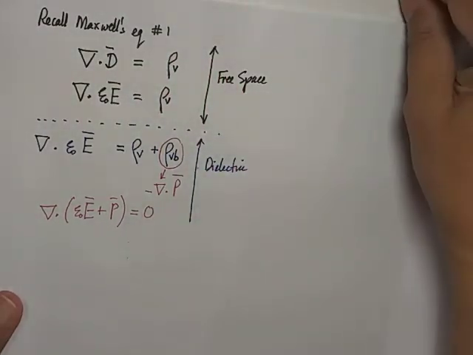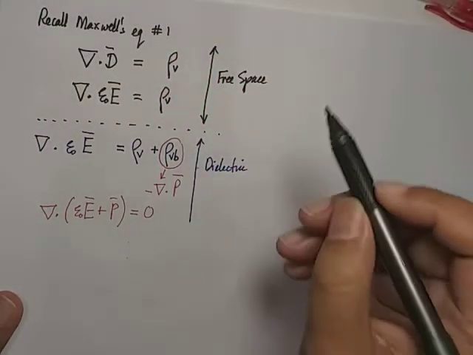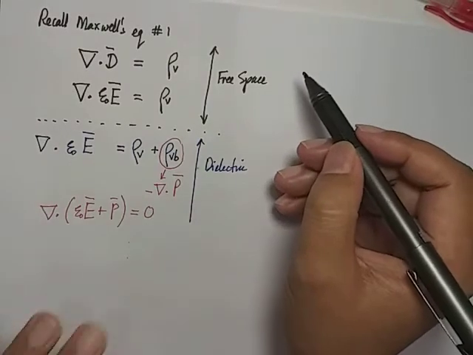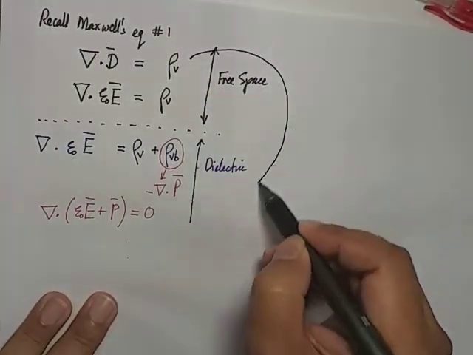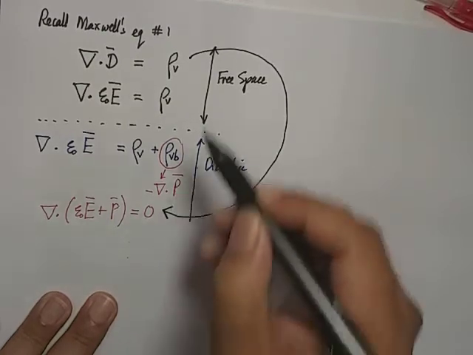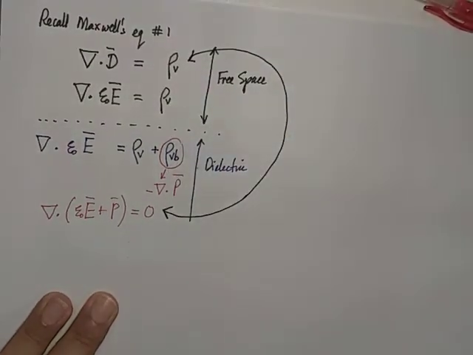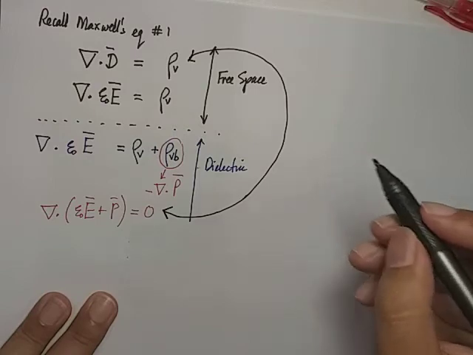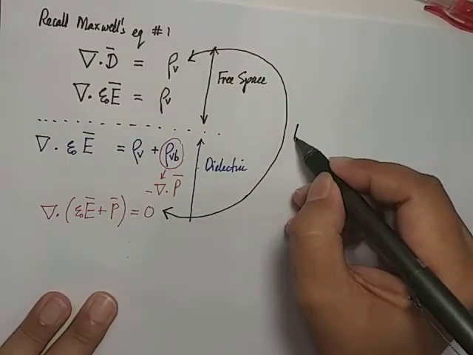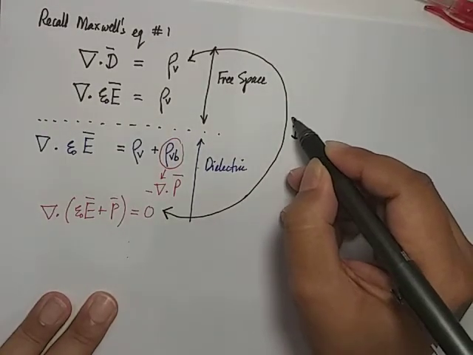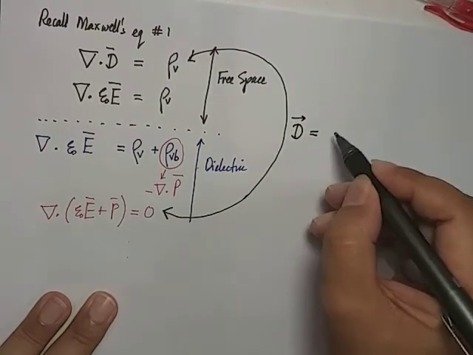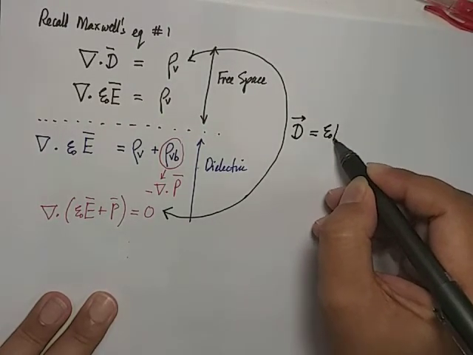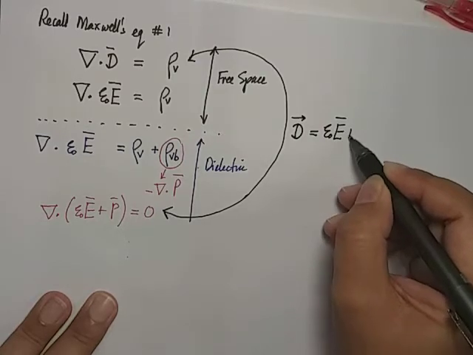So we compare the general equation to what we just developed, and we state that D in dielectric material should be equal to epsilon naught E plus P.